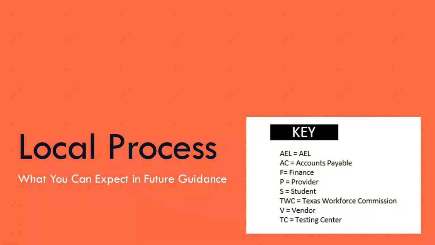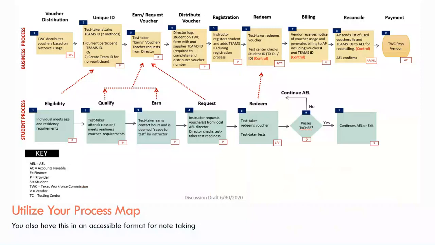If you're looking at the process map, what you'll notice is in the very bottom right-hand corner of each step of the process, it has an identifier of who does this, who's responsible for this.